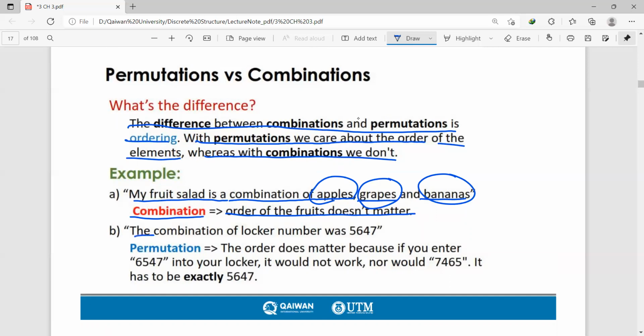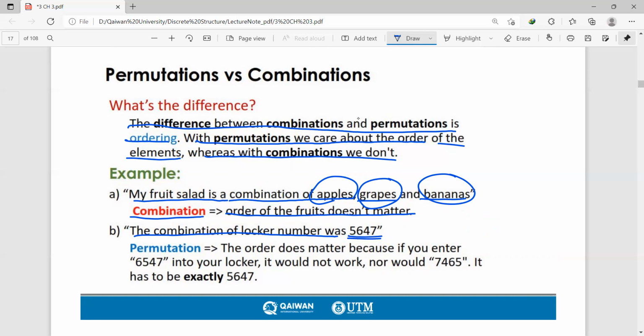But here the combination of the local number was 5, 6, 4, 7. If we use 4, 7, 5, 6, it's false. It's not correct. So it must be in the same order, 5, 6, 4, 7. If we change the order, we get false. That's why we say we care about the ordering of the elements.